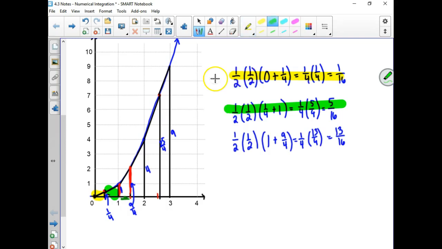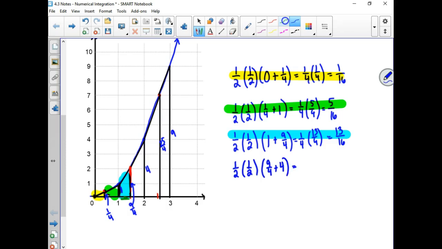That is the area of this third trapezoid here. For the fourth trapezoid, I'm going to have 1/2 times 1/2 times 9/4 plus 4. And so that's going to give me 1/4 times, let's see, 4 would be 16 over 4, so 16 plus 9 is going to give us 25 over 16.